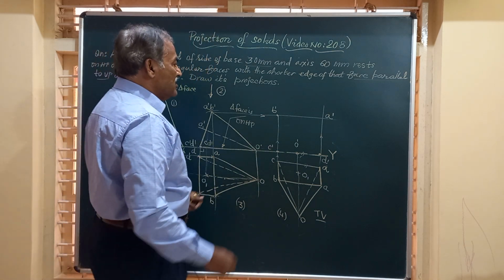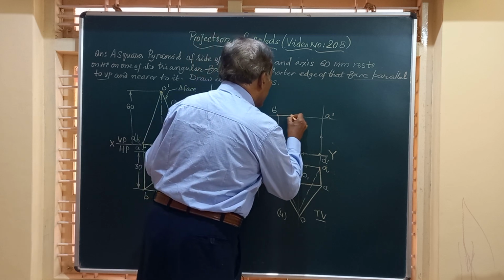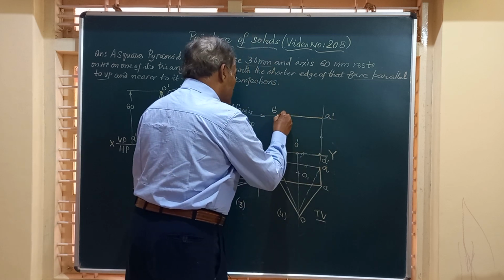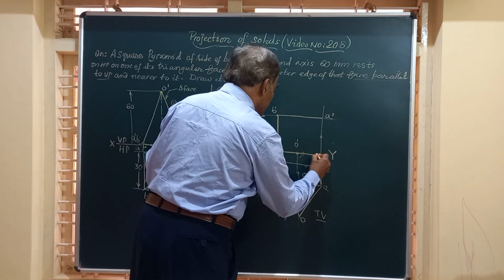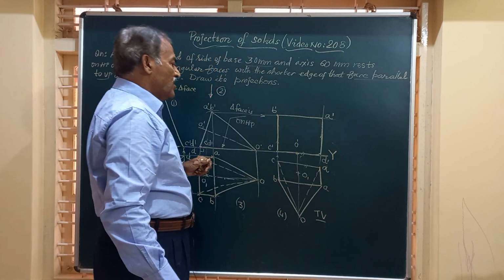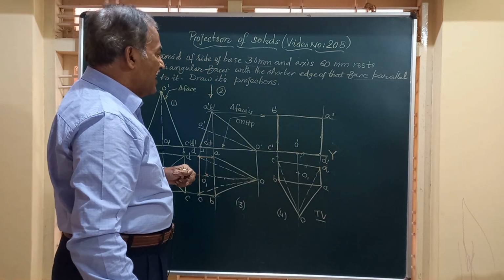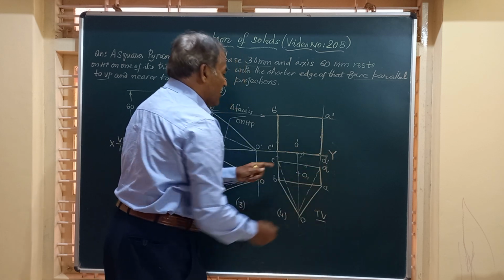And friends, here let me join all these by straight lines. So A dash, B dash, B dash, D dash, C dash, D dash, A dash, D dash. These are the four corners of the base of the solid. And friends, I have to join this vertex to all the corners.